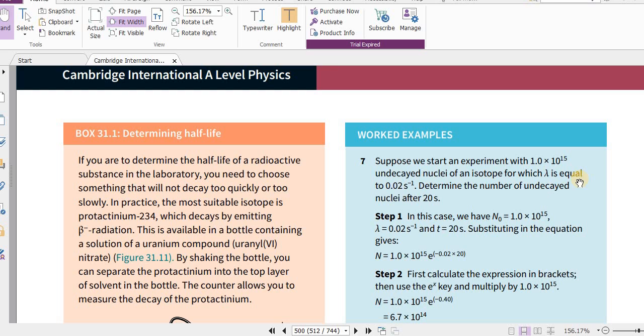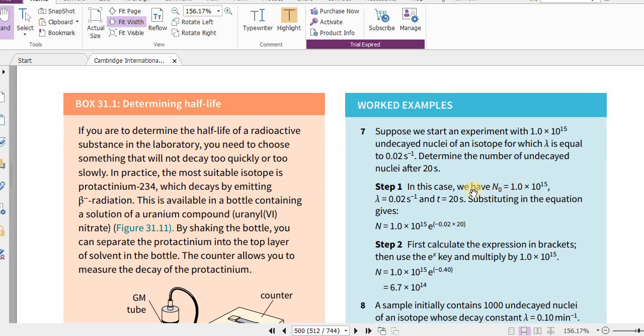N0 is the initial number of radioactive nuclei, lambda is the decay constant, 0.02, and we are also given the time. We are supposed to find N.